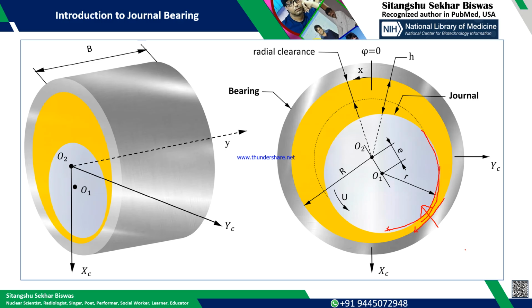Then how to decide the maximum operating temperature of the liquid or the lubricant, and the size and everything. I will take some practical example and from there I will show you the derivation.